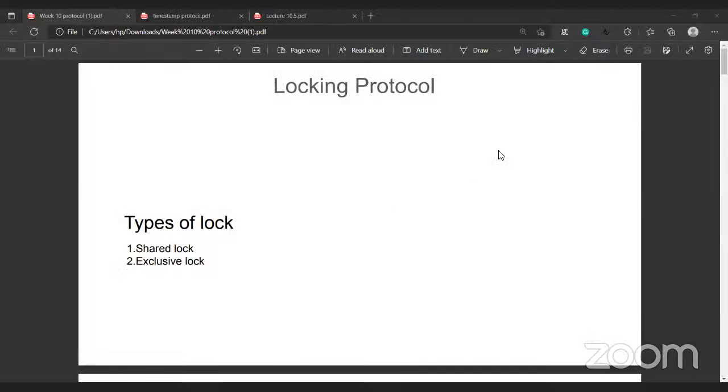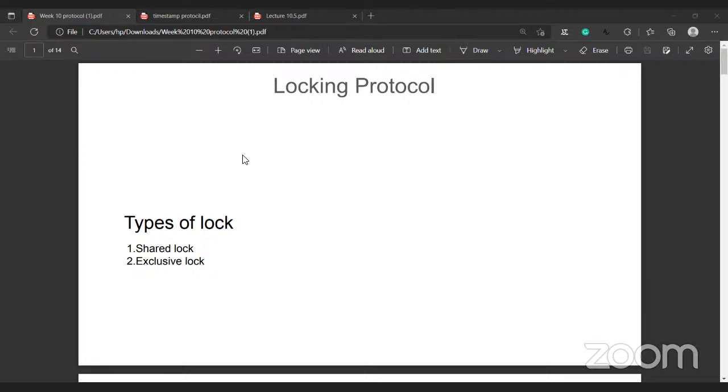So let me share my screen. My screen is visible, right? Yes. Okay. So locking protocol. A lock is a mechanism to control concurrent access to a data item. Why are we using a locking protocol?